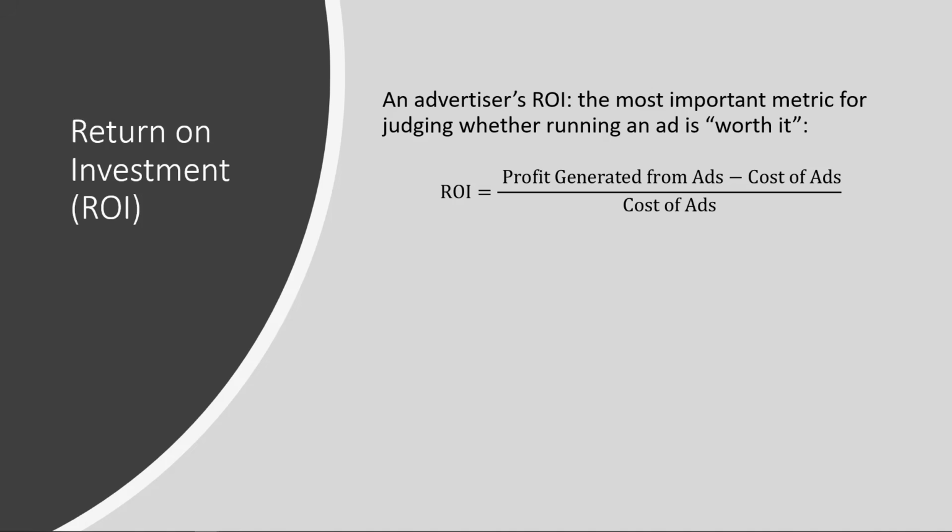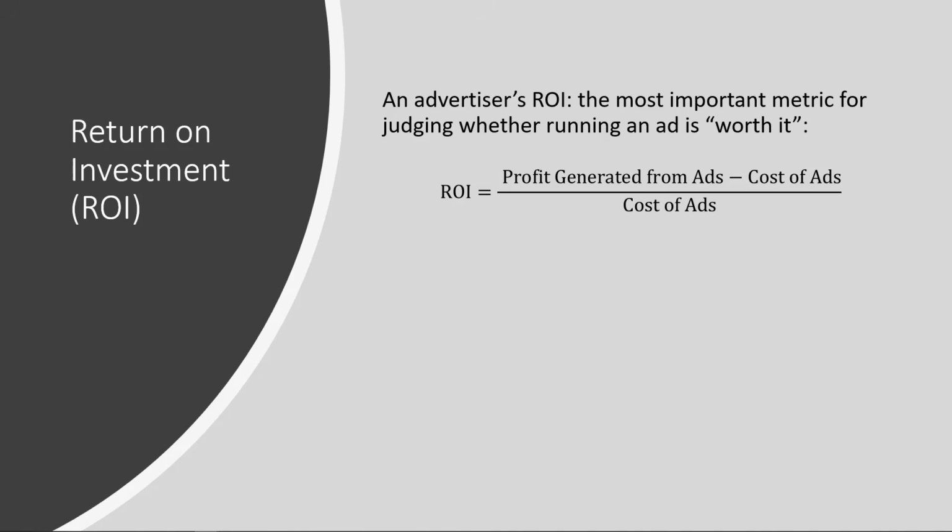For an advertiser, ROI is the most important metric for judging whether running an ad is worth it. So the calculation for ROI is the profit generated from ads minus the cost of ads, and then divided by the cost of ads.